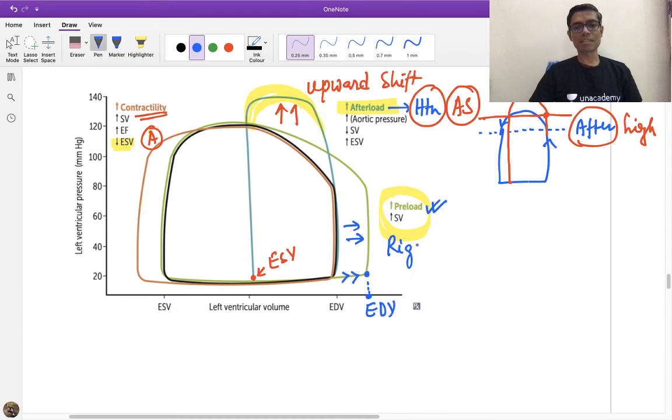This is known as the right shift of the PV loop, right? Please remember: increased contractility means left shifting of the curve, increased afterload means upward shifting of the curve, increased preload means right shifting of the curve. This is the bottom line for understanding different pathologies of this PV loop.